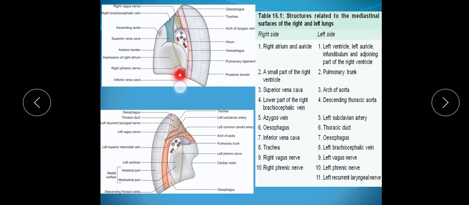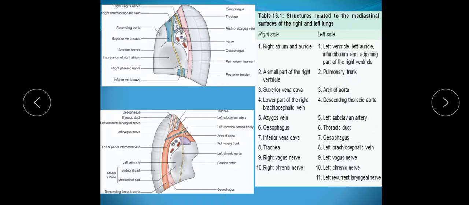This one is the inferior vena cava. Then the right vagus nerve, and the right phrenic nerve. These are the impressions on the right mediastinal surface of the lung.